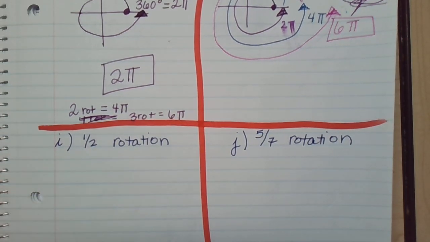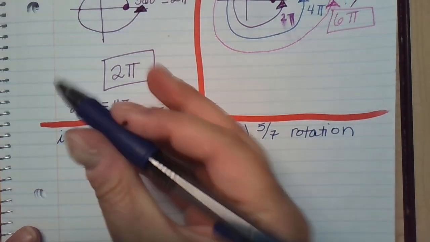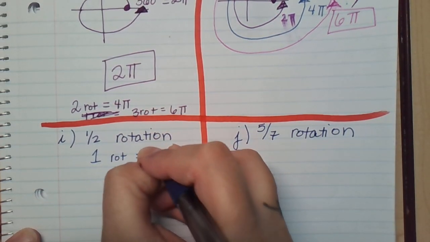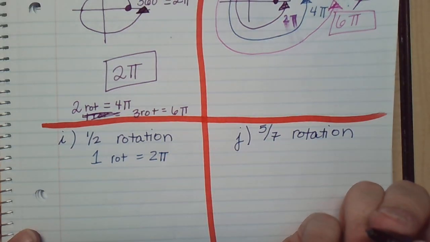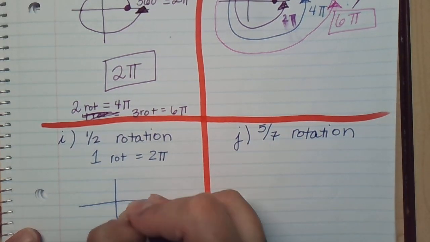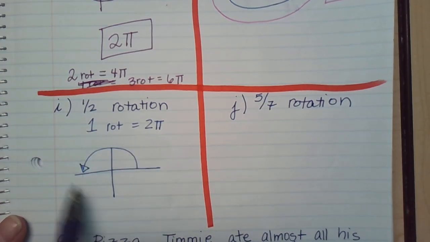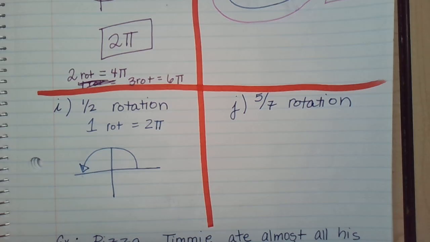Let's look at I. It says half a rotation. Okay, well, if one rotation is all the way around the circle, 2 pi, what's half a rotation? It's just the top half of the circle. How much is half of a circle? How many degrees is half of a circle?